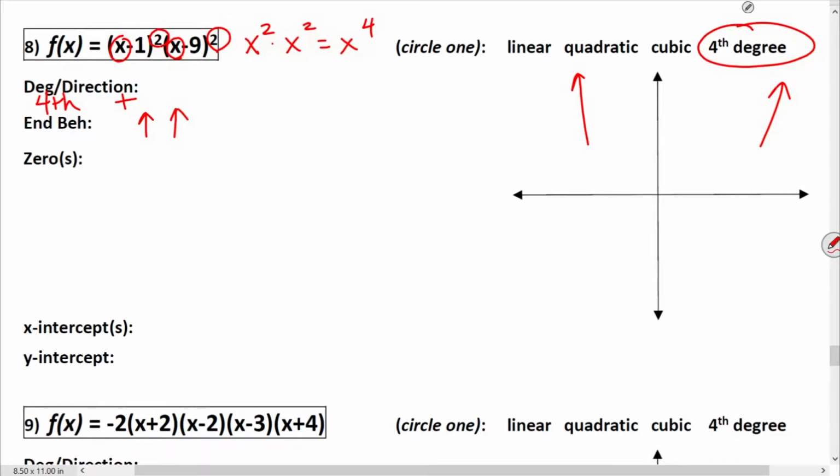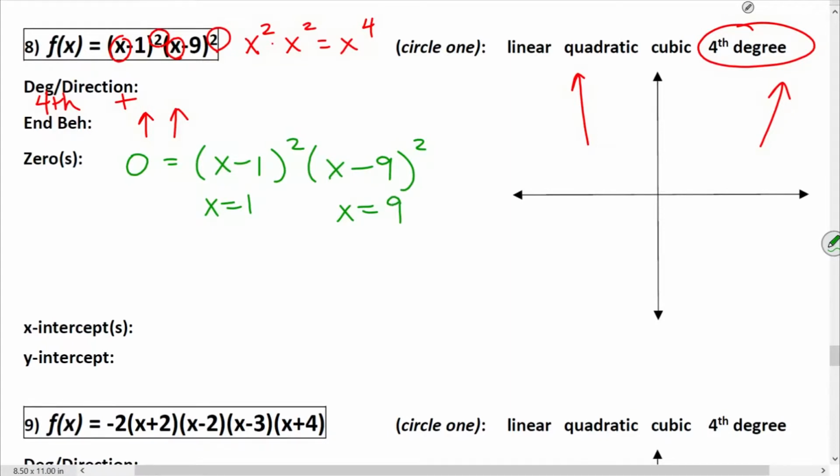Now I'm going to go next to the zeros, because in a factored form, it's not too bad to find the zeros. The zeros happen when f of x is 0. It's already factored for me, and I ask myself what number minus 1 equals 0, and that is positive 1. And what number minus 9 is 0, and that's positive 9.